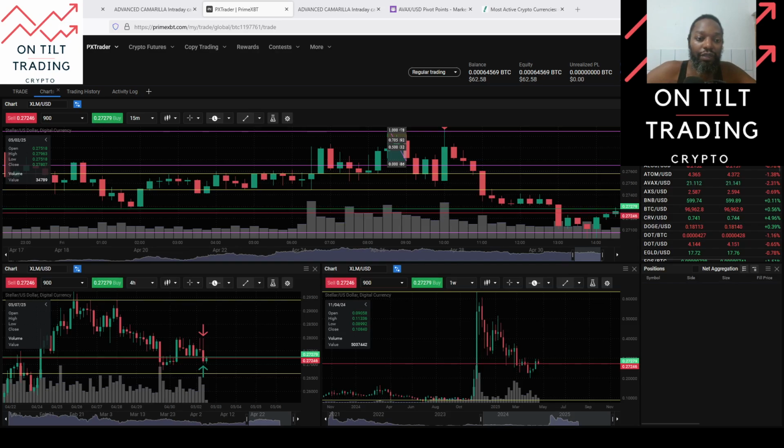All of this would be pre-market here. Here, this is the structural range for Stellar for this morning. We can see here before the open, this was the week high, and this was the strong low here in the range.